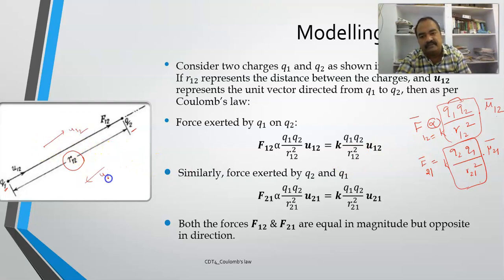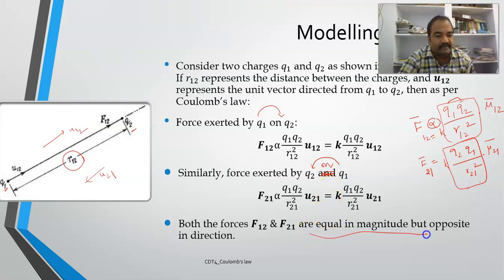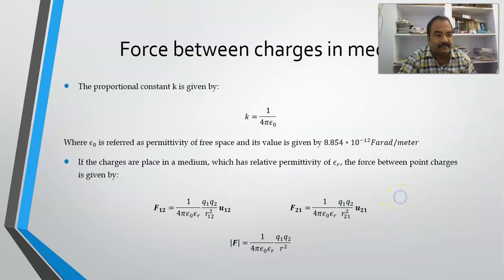U21 will be in this direction. So the force exerted by Q1 on Q2 and Q2 on Q1 will both be of equal magnitude but opposite in direction. This is what I have written here. F12 and F21 are equal magnitude vectors but in opposite directions.